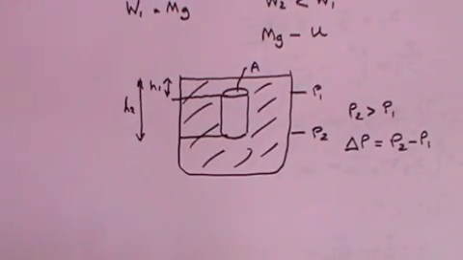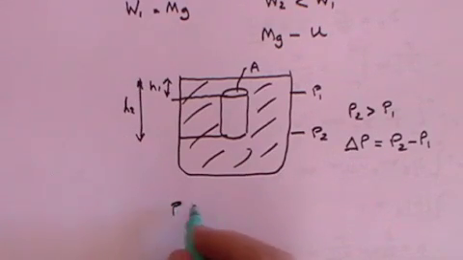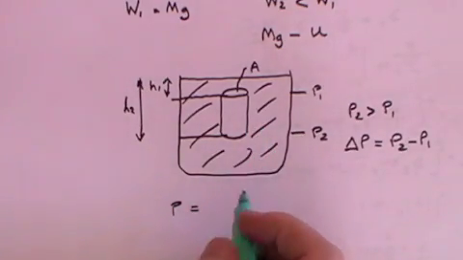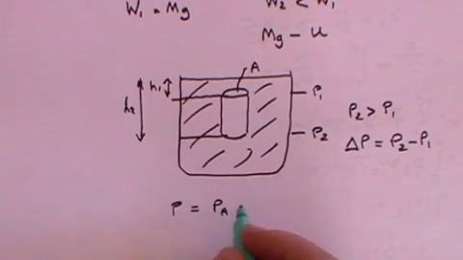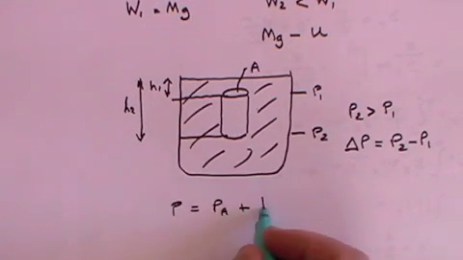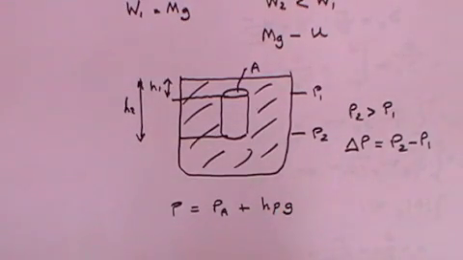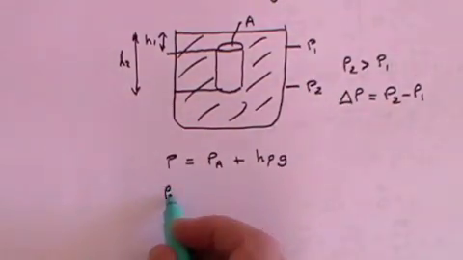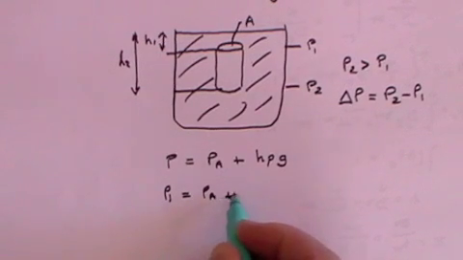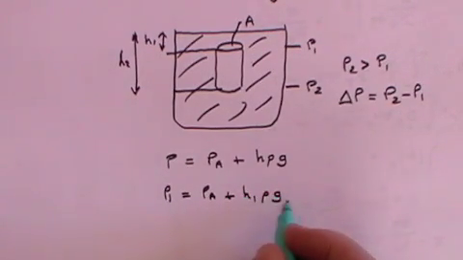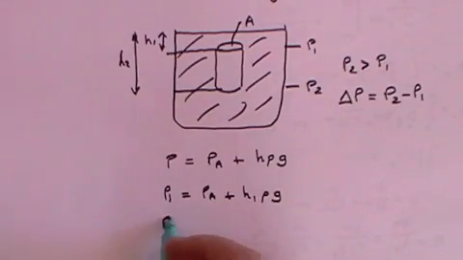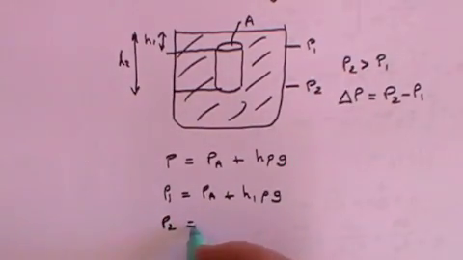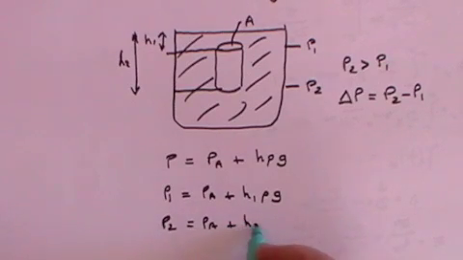Now earlier we showed that the pressure at any point in a fluid, at any depth, is equal to the atmospheric pressure plus the depth times the density times G. And using that we can say that the pressure at P1 is going to be the atmospheric pressure plus h1 rho g, and the pressure at P2 is going to be the atmospheric pressure plus h2 rho g.